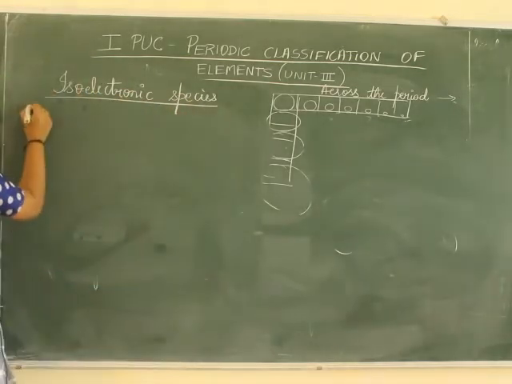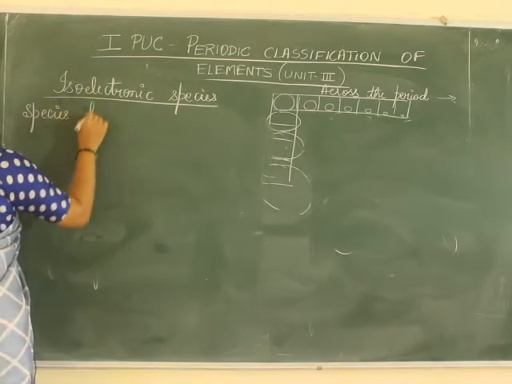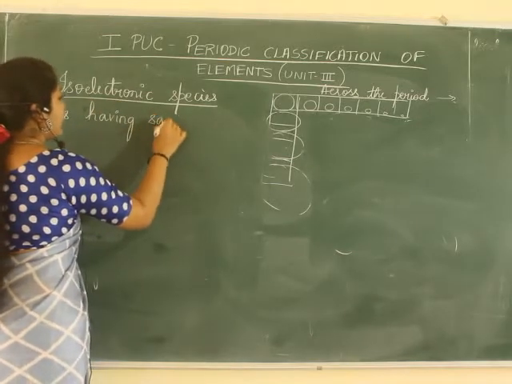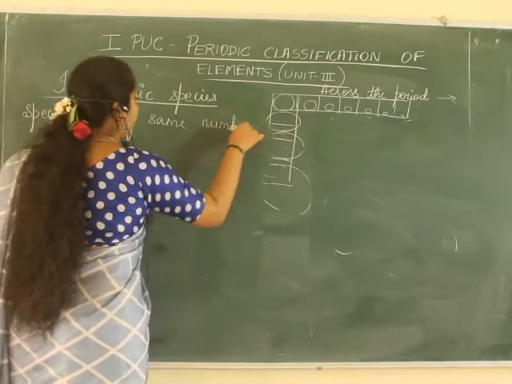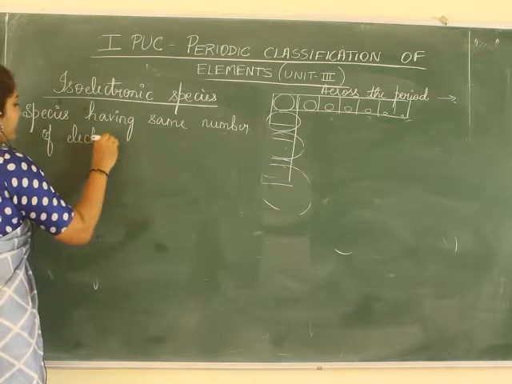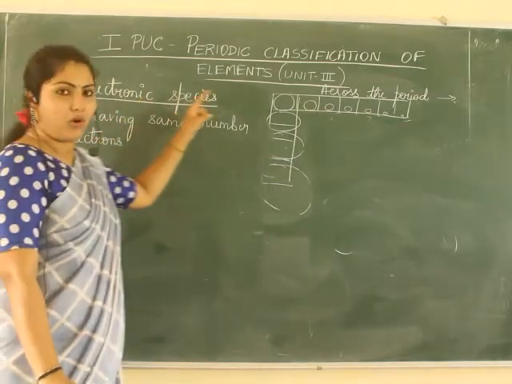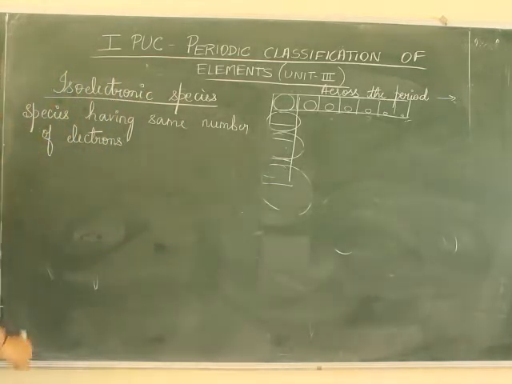So how do you define it? Species having same number of electrons are called isoelectronic species. Now let me give you some examples, okay?